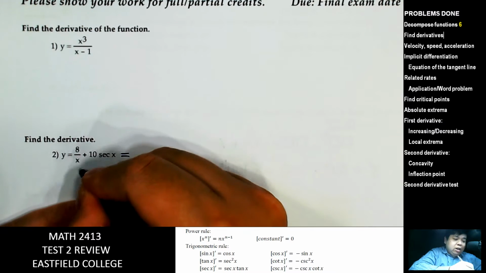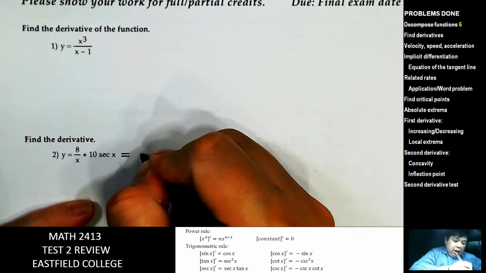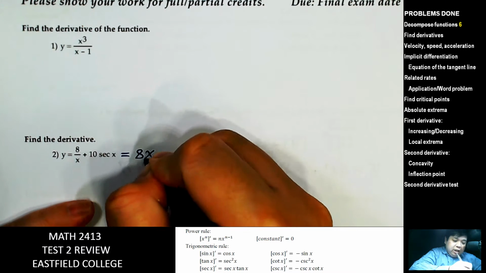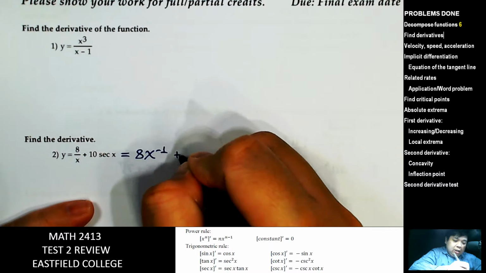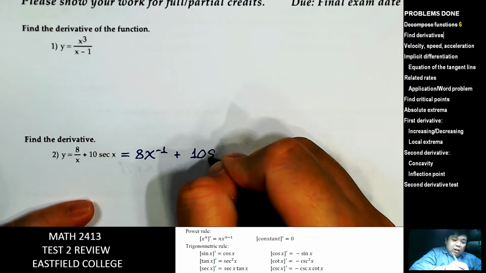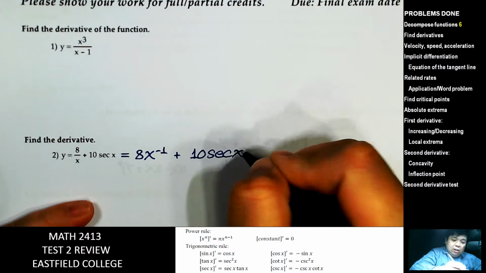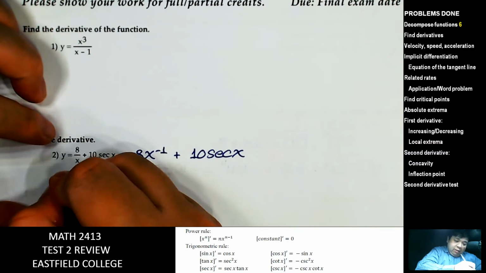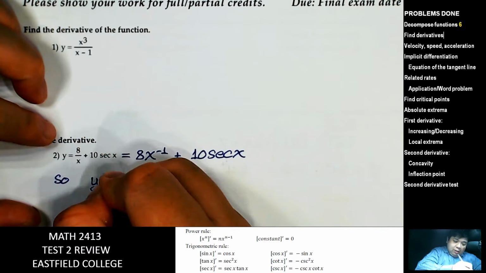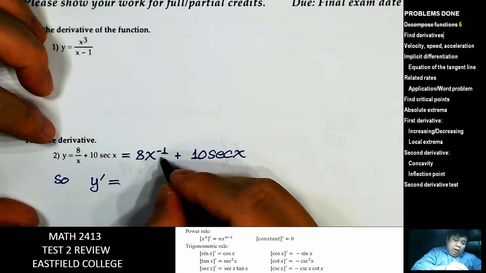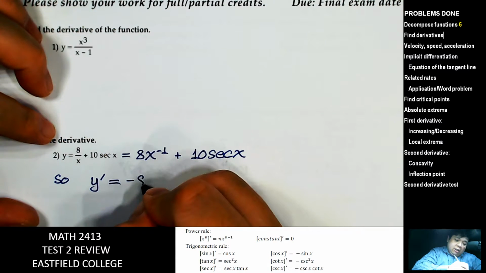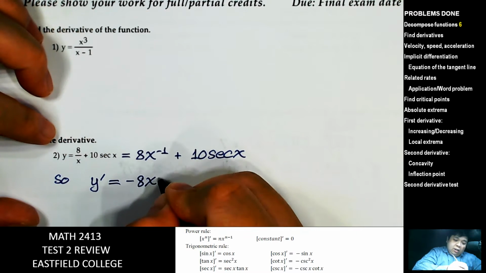So we will write 8 over x as 8 times x to the negative 1 and 10 secant x. And then we'll take the derivative. It will be negative 8 x to the negative 2.